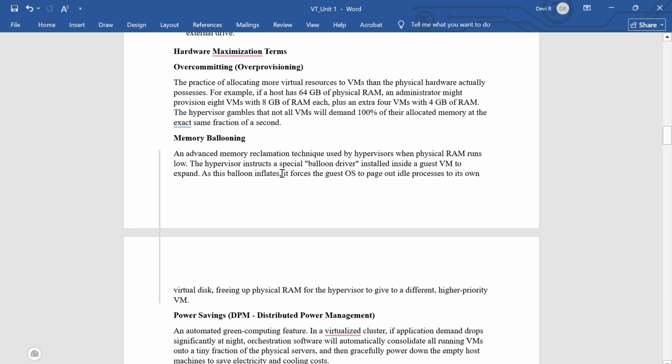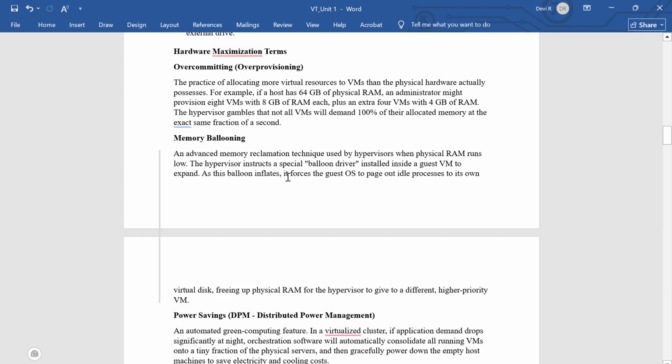The hypervisor instructs a special balloon driver installed inside a guest VM to expand that memory slot. As this balloon inflates, it forces the guest OS to page out idle processes to its own virtual disk, freeing up physical RAM for the hypervisor to give to different higher priority VMs. So that is memory ballooning.